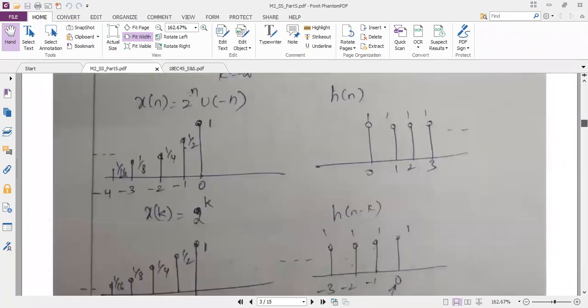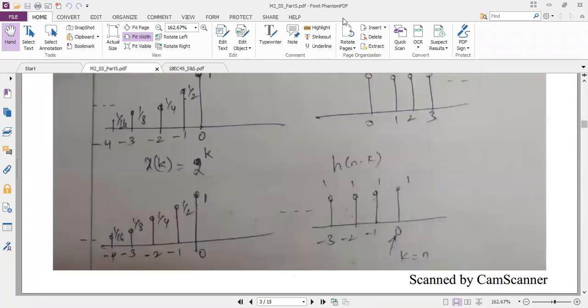For this type of problem, for the other values, I don't get any output, because this value will be constant. This value will keep shifting towards the right hand side, and I don't get the output as 0 for any of the values of k or any of the values of n, because we have the left hand side infinity.